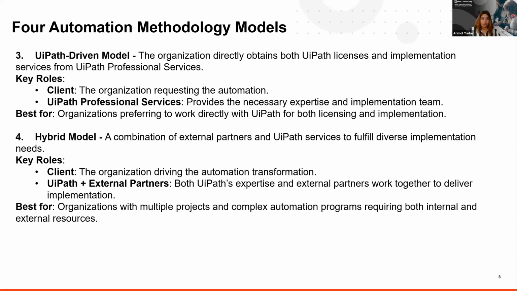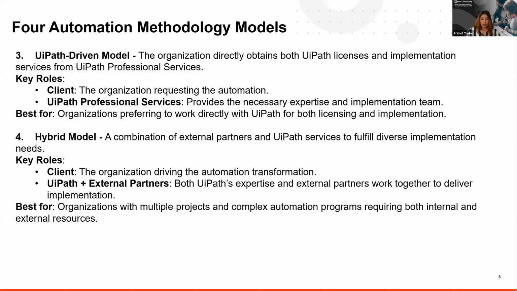The client would be the organization driving the automation transformation, and then it would be a combination of UiPath and some external vendor or partner in between. And I'm going to use both their expertise to be able to deliver what I need. So an organization with multiple projects and a complex automation program would require both internal and external resources to be able to implement or achieve their automation needs.